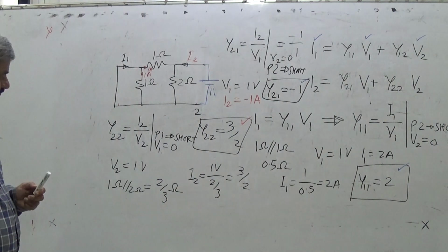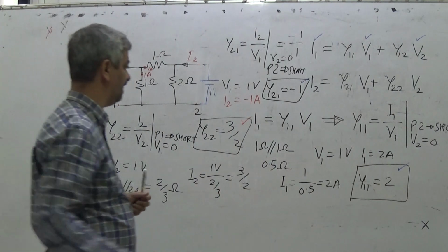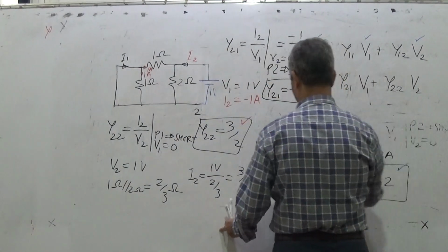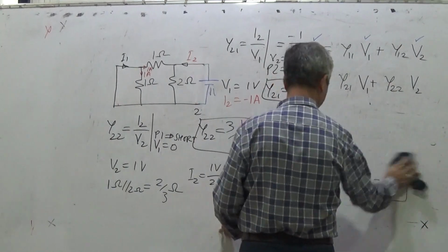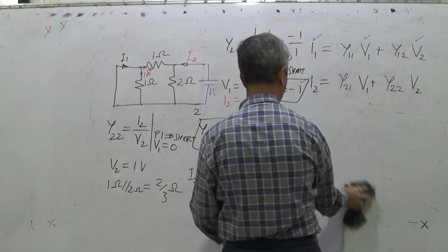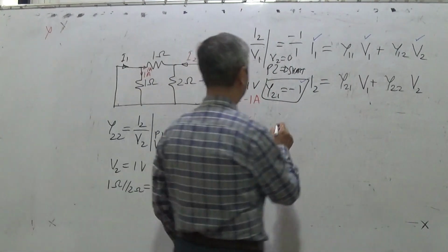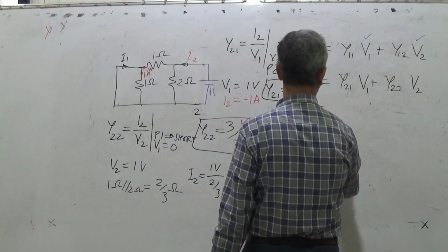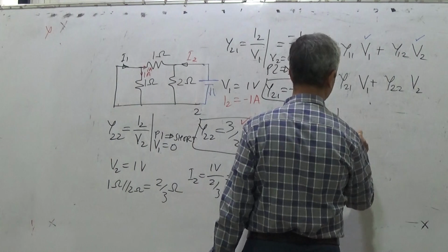Now we go for the last one, that is finding y12. What is y12? Y12 is equal to I1 upon V2, provided V1 is 0 or port 1 is short.